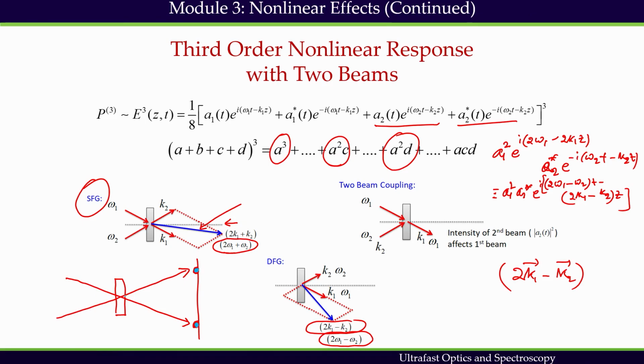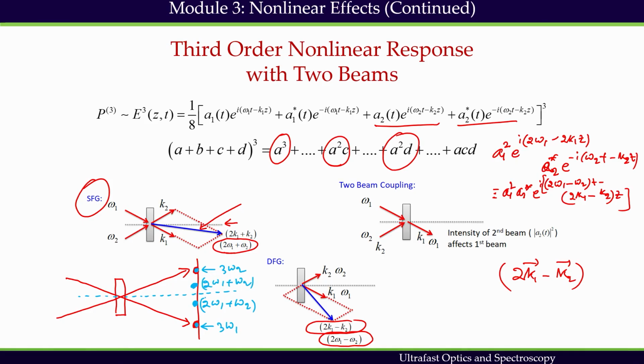Then, if this is the perpendicular axis, I will have one more blue spot, a new beam created at this point, which is called sum frequency generation, 2 omega 1 plus omega 2. So this blue part is 3 omega 1 and this blue is 3 omega 2. I'll have two beams here and here, both of which are 2 omega 1 plus omega 2.